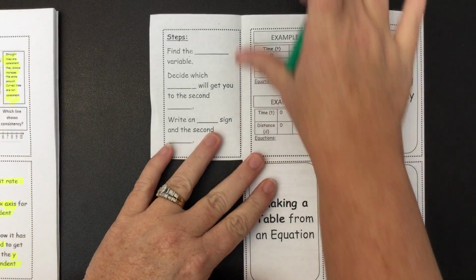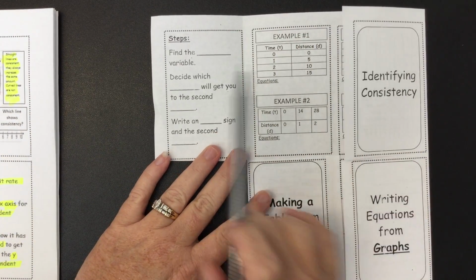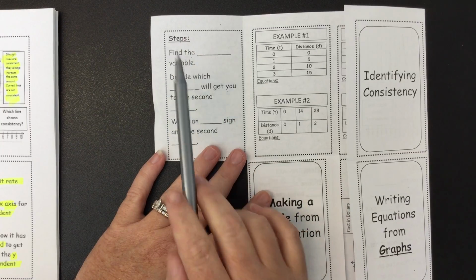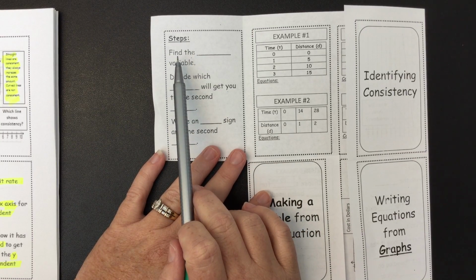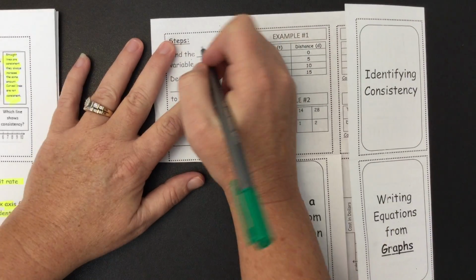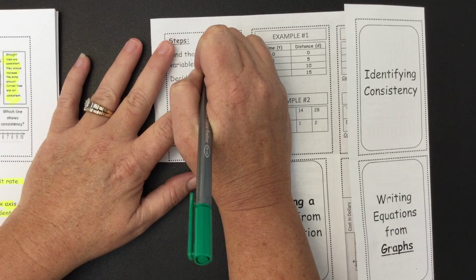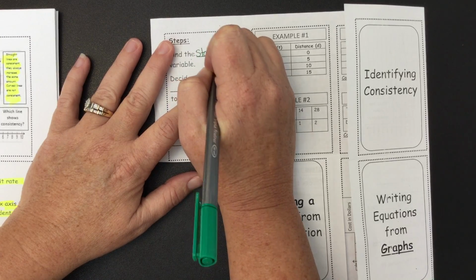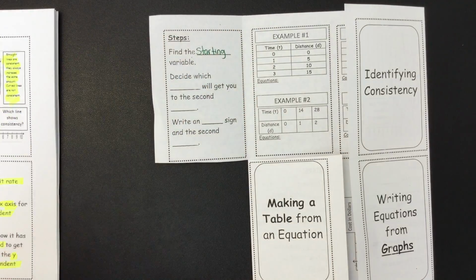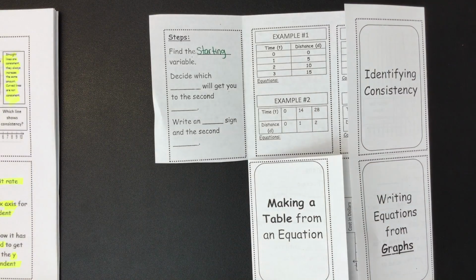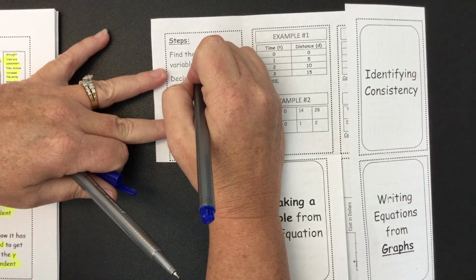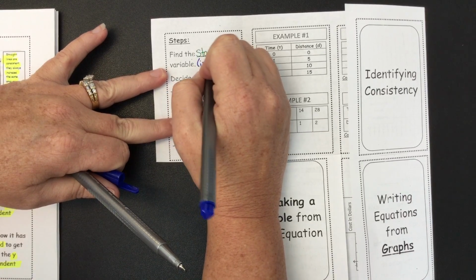All right, so you should open it up. Here are our steps. The very first one we are going to do is find the starting variable. The starting variable is also known as the independent variable.